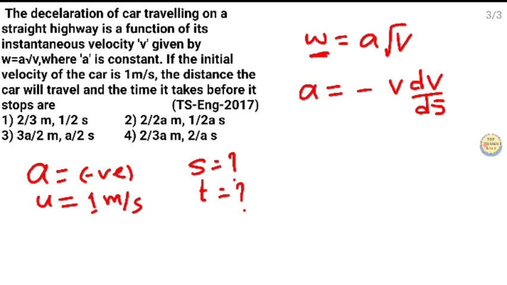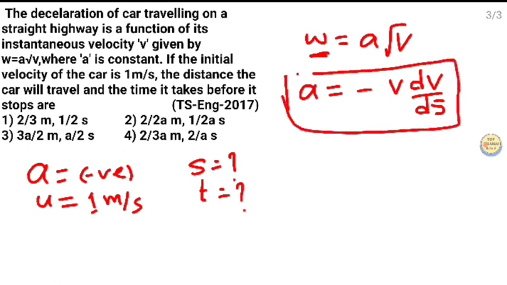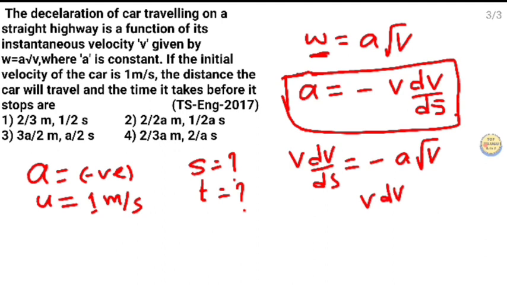This is the acceleration formula in terms of displacement s. So substitute here, therefore v dv by ds is equal to minus a into root v. So v dv by root v is equal to minus a into ds.